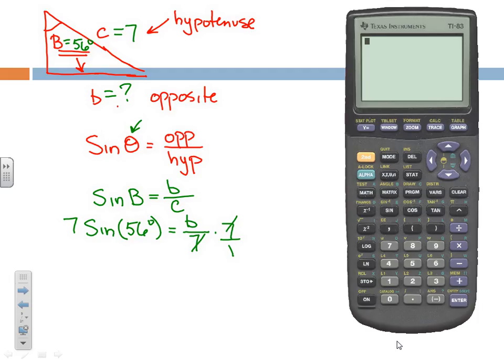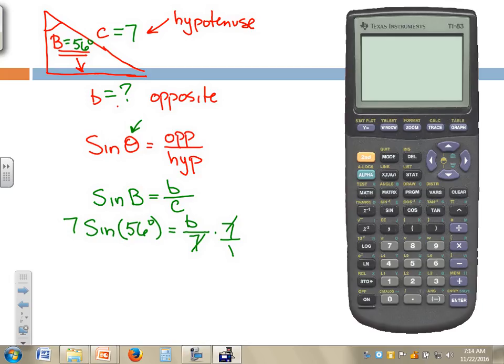Sine of 56 degrees, when I do it as an input, it's going to give me an output. That's the range of my function, right? So I can do 7 times, and here's how I use it.